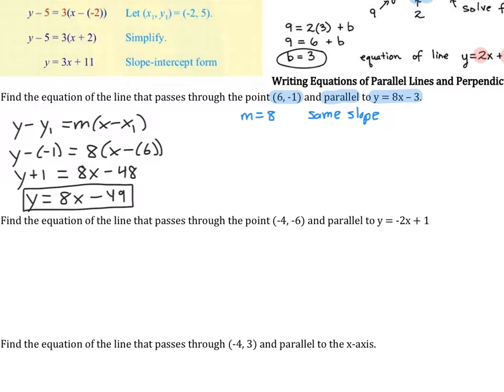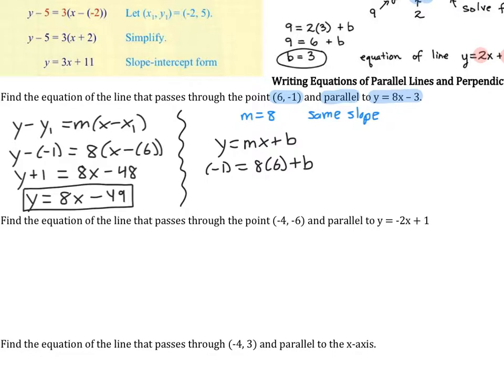Now we can do the same thing again using slope-intercept form, y equals mx plus b. So I'm going to substitute m, x, and y so we can find b. So we have -1 equals 8 times 6 plus b.